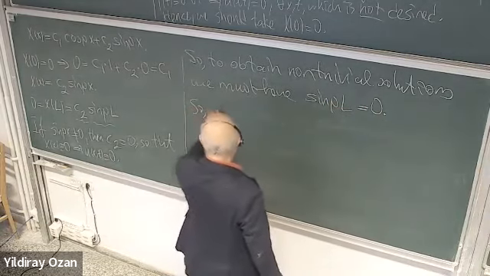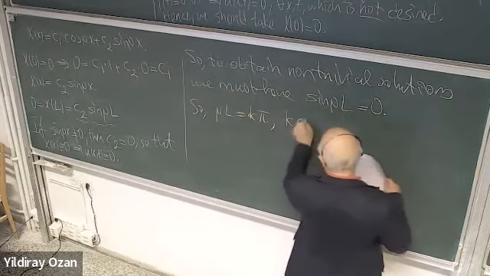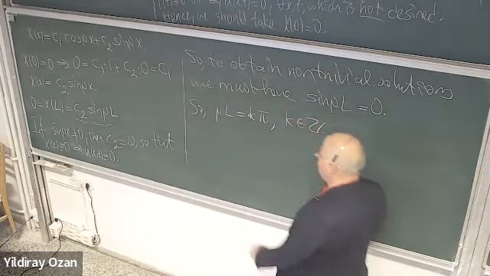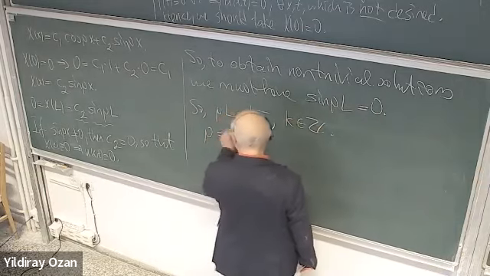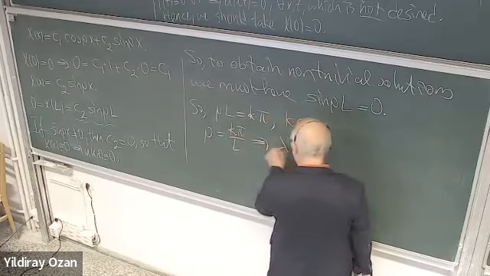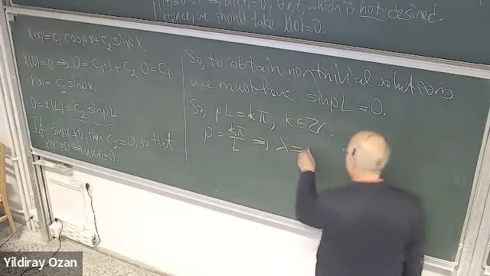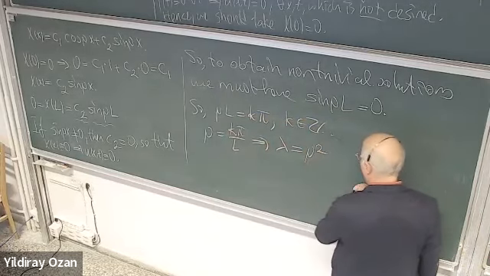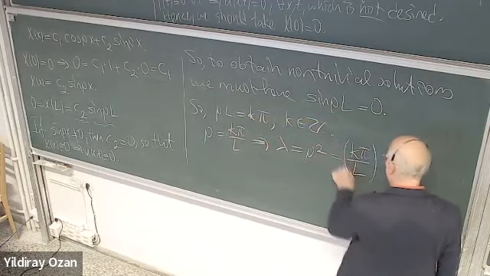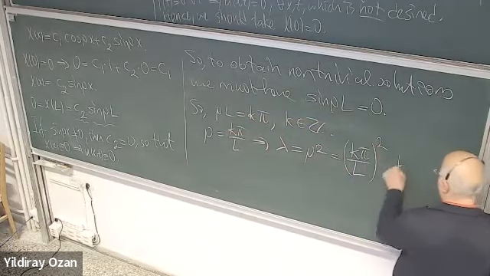So mu times L should be an integer multiple of pi, k pi. Therefore, mu is just k pi over L. And therefore, lambda, which was mu squared, is just k pi over L squared, where k is an integer.